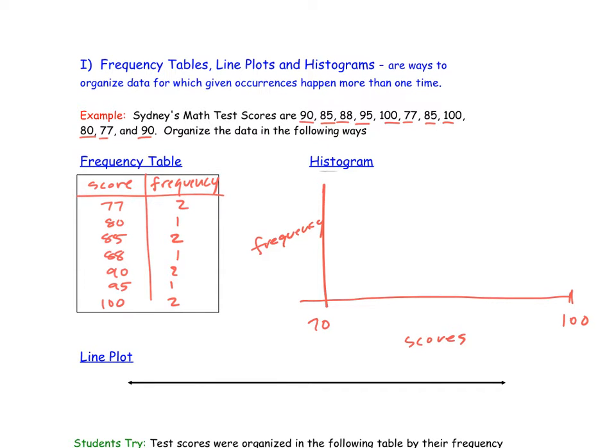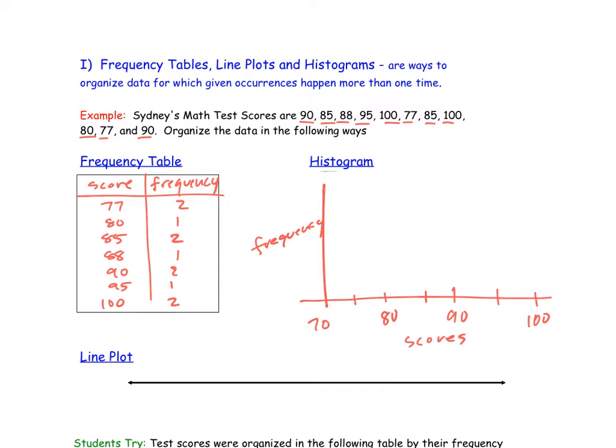When you do this, you're just going to organize and count up by 5s: 70, 75, 80, 85, 90, 95, 100. Let me erase that and make this table nice and neat.